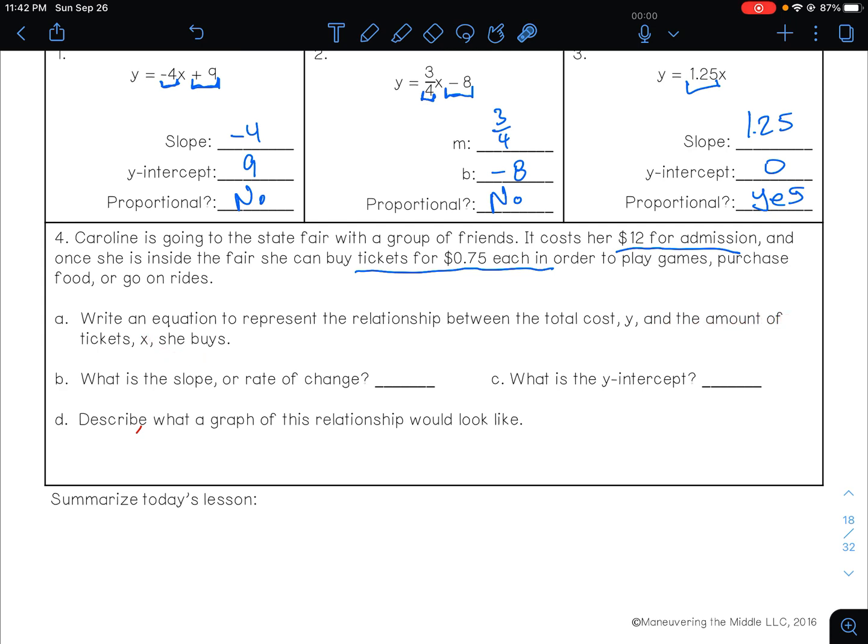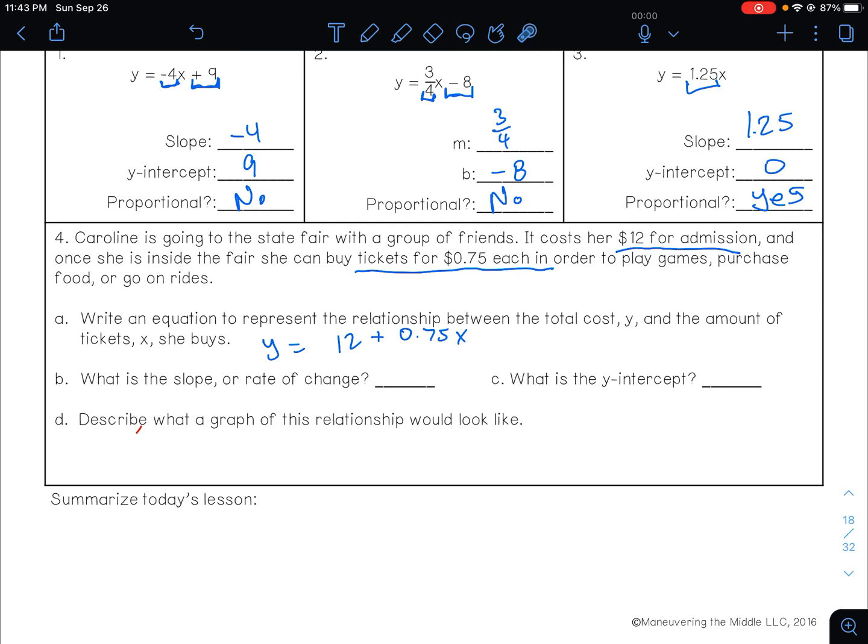Okay, so in this example, she pays $12 admission and then 75 cents for each game or each ticket. So that's like plus 0.75x. Okay, and they say the total cost she spends at the fair is y. So we would say y equals the total cost she spends is $12 plus the 75 cents per ticket.